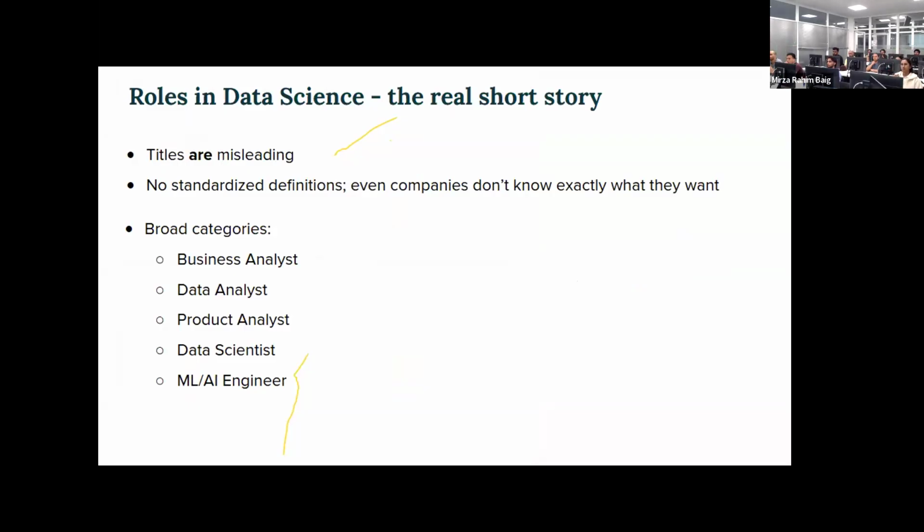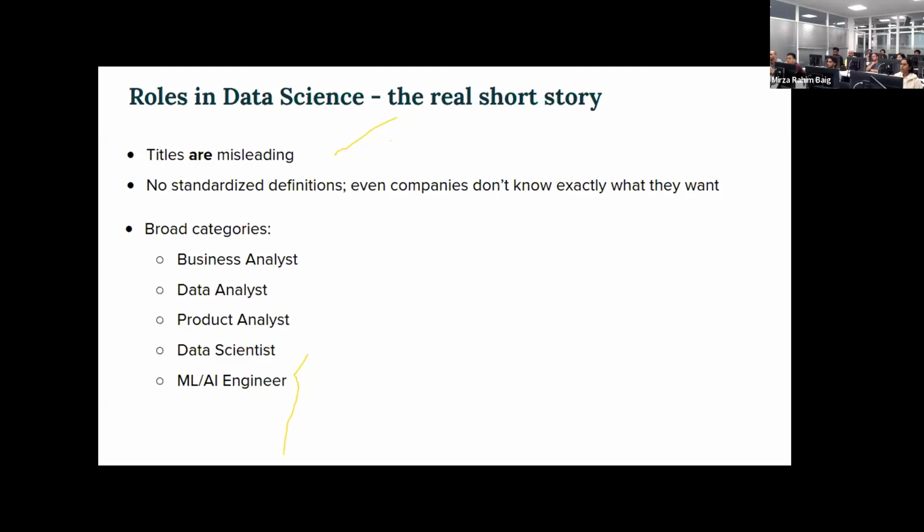And before we go into detail, the TLDR, like long story short, summary is that right now titles are very misleading, okay? Don't go by titles. They will confuse you a lot. There are no standard definitions. Even companies don't know exactly what they want. So some manager would say, this is what I want.